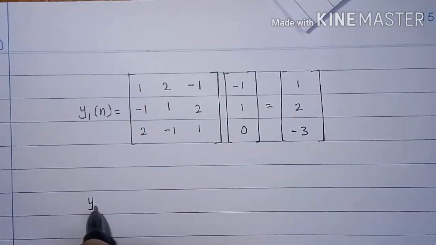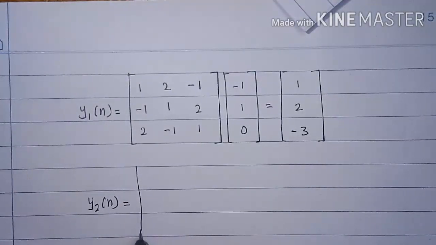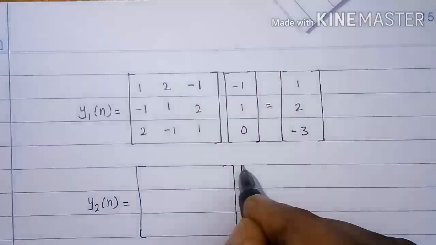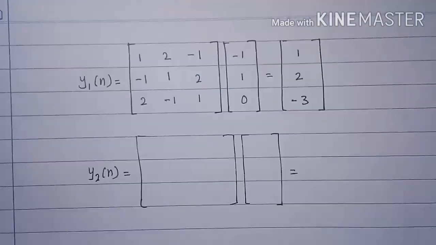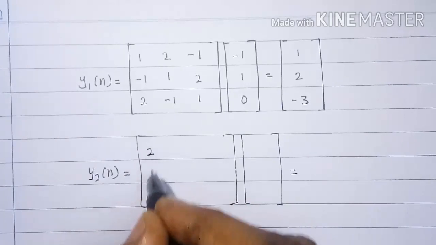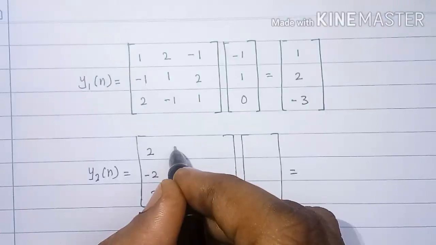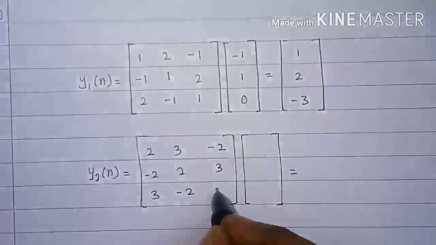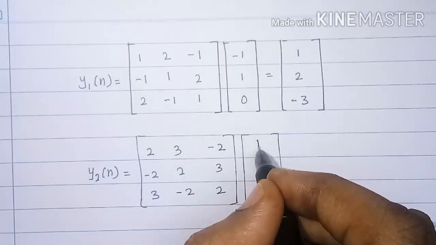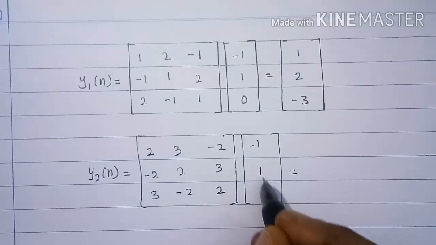Similarly, y2 of n is equal to 2 minus 2 3, 3 2 minus 2, minus 2 3 2, with h of n being minus 1 1 0.